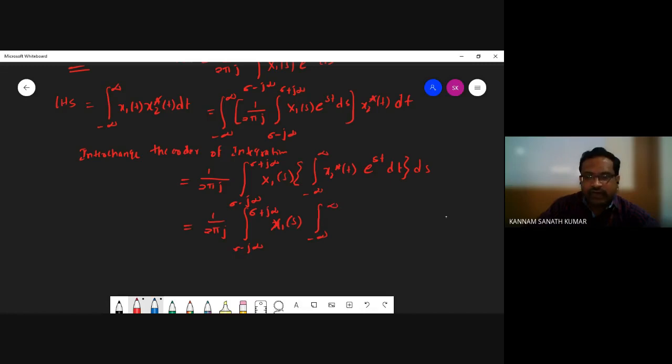So this you can write as 1 by 2 pi j integration sigma minus j infinity to sigma plus j infinity x1 of s, integration minus infinity to infinity x2 of t e power minus of s star t dt, whole ds. If you remove the conjugate, that conjugate you can write over here, and s you can write as minus of minus s.